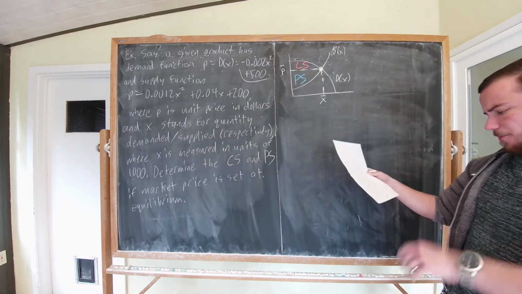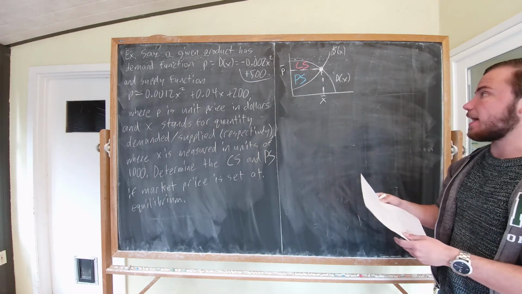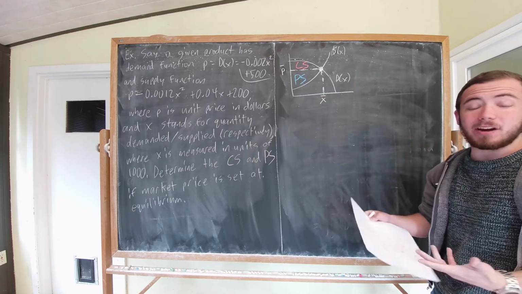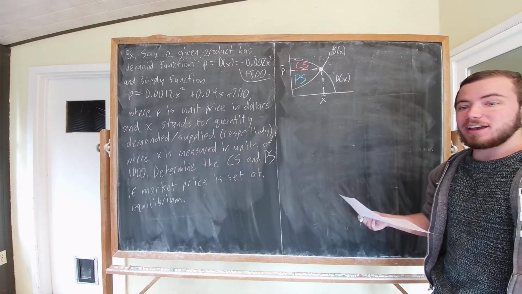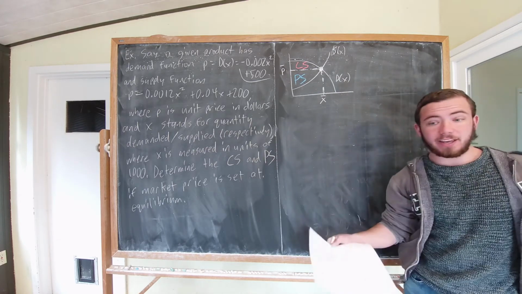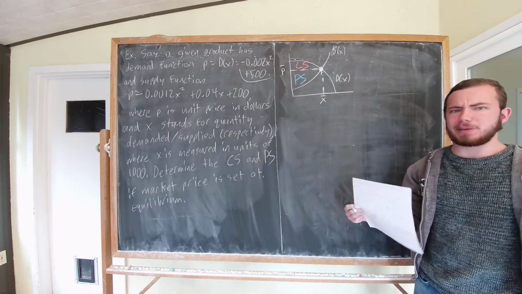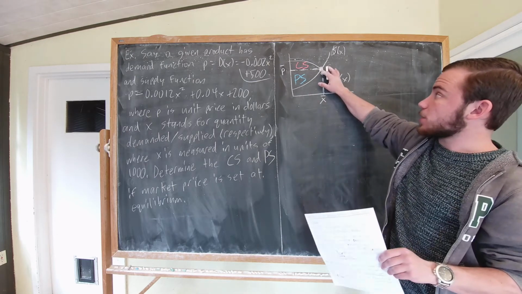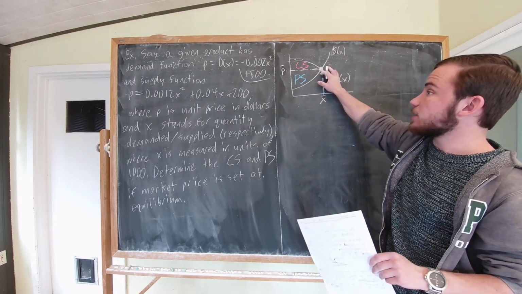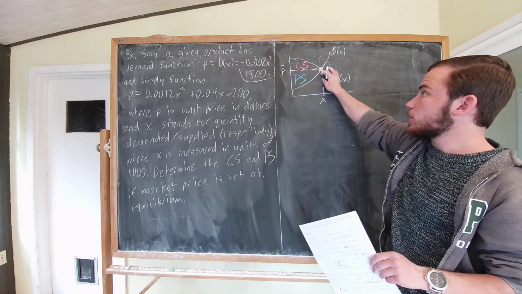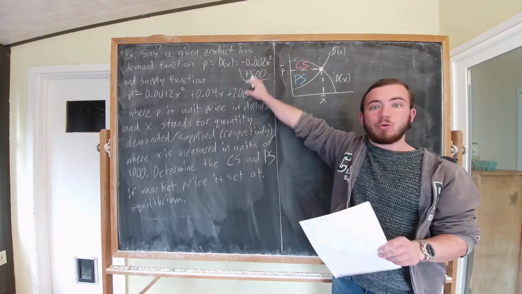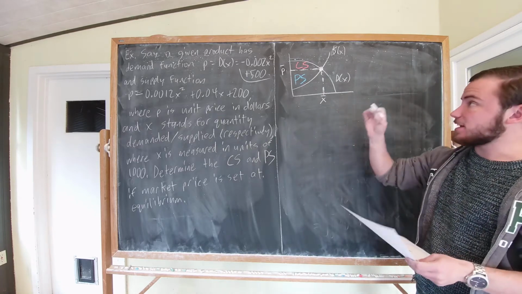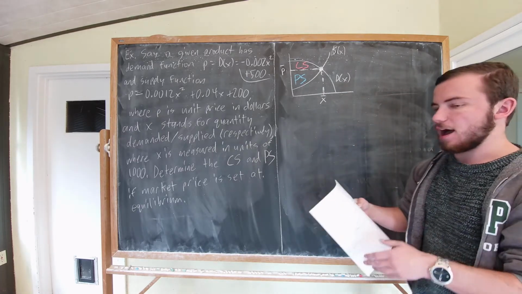Alright, so how do we find that? Well, we're going to have to figure out what P bar is. Once we have P bar and X bar, we can just plug into our formulas, but how do we find P bar and X bar? Well, this is a point where the two curves intersect, meaning it's an X coordinate where the Y coordinates are equal. So we can set these two equations equal to each other, solve for X bar, and then that'll give us P bar.